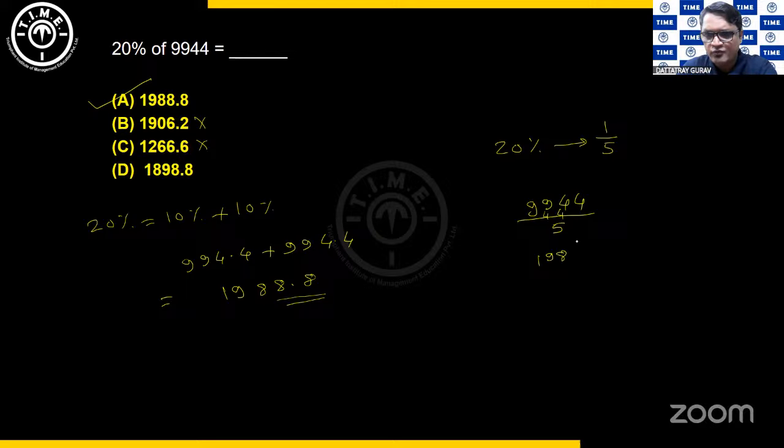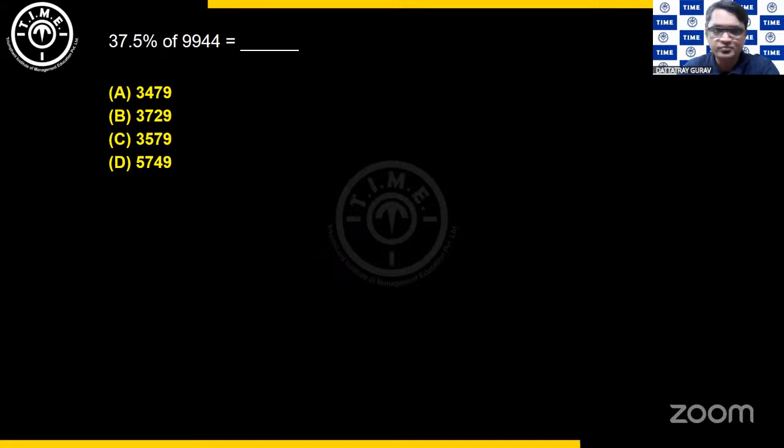Again 4 carry forward is 8. And finally 8. This is my final answer, 1988.8. Very easy if you know the meaning of 20%. What is 20%? 1 by 5. So just take the next question now. Speed is more important. Try to do it orally as much as possible. So remember the fraction table.